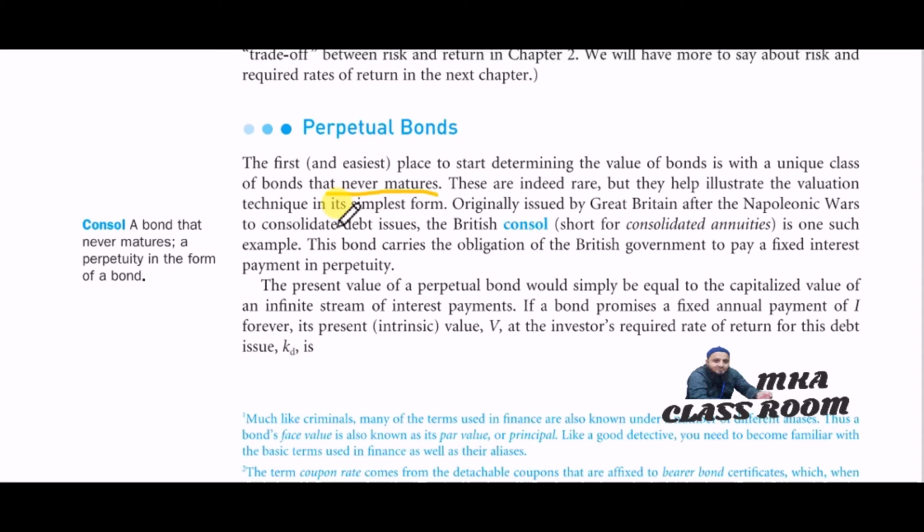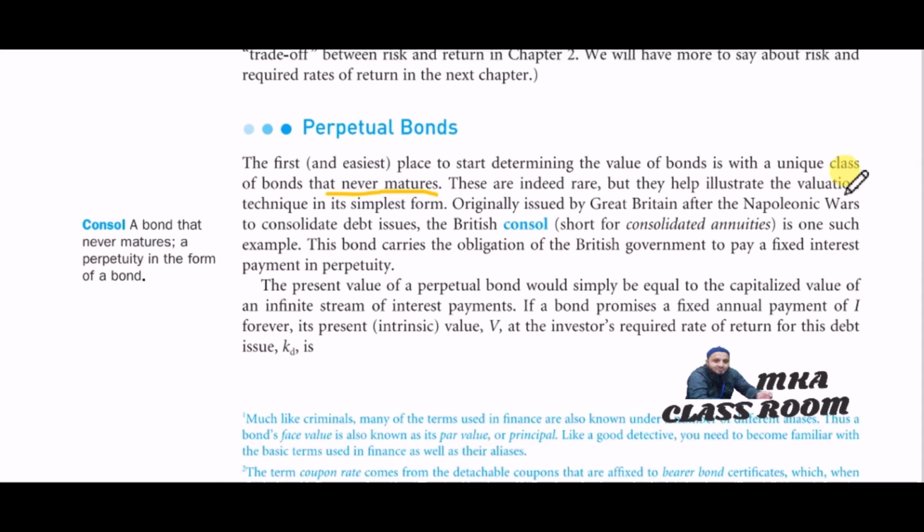The first place to start determining the value of bonds is with a unique class of bonds that never matures. These are indeed rare, but they help illustrate the valuation technique in its simplest form.